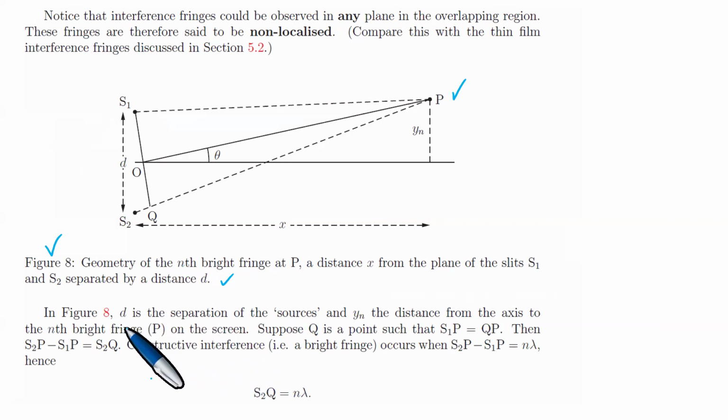Looking at figure 8, for example, d becomes the separation of the sources, and yn is the distance from the axis to the nth bright fringe. This is yn.